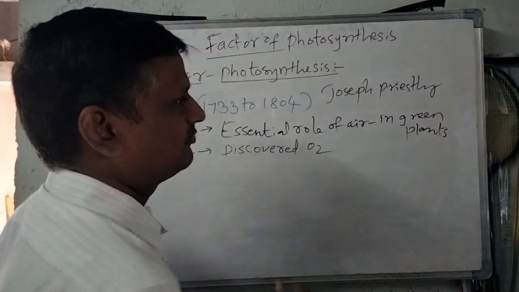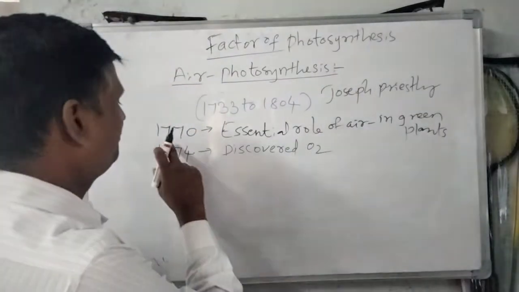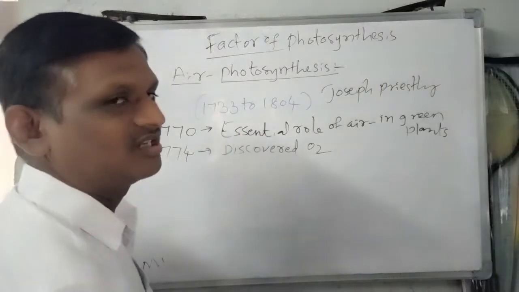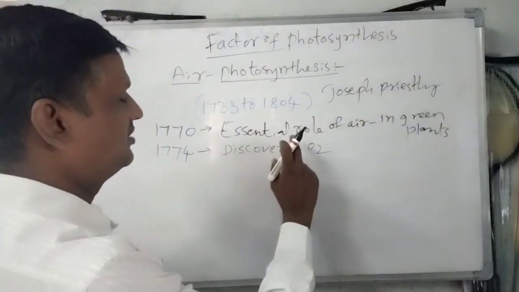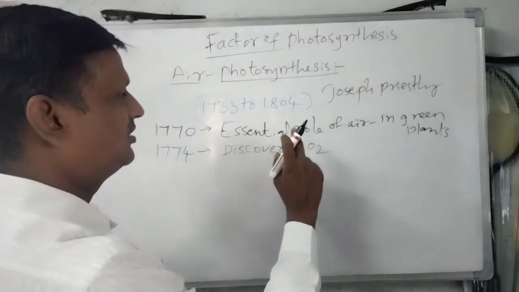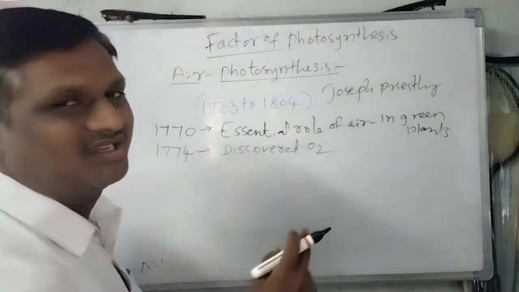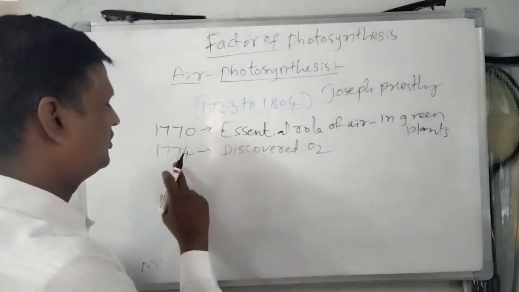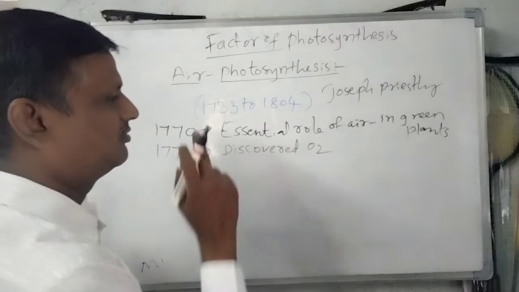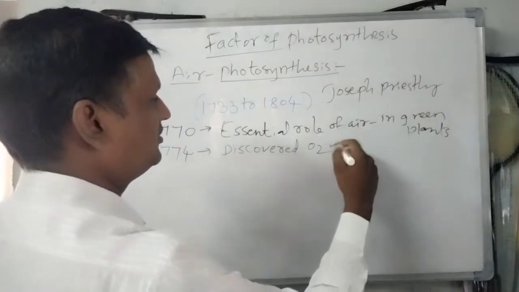This is the time of Joseph Priestley, 1733 to 1804. In 1770 he conducted a series of experiments and revealed the essential role of air in green plants. And one more thing, in 1774 he discovered oxygen.